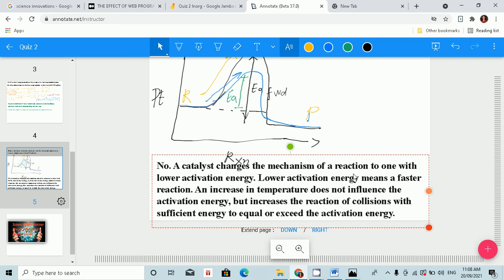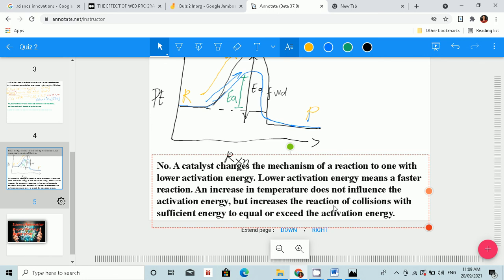And also, an increase in temperature does not influence the activation energy. Okay, so it does not mean that if you increase the temperature, it lowers the activation energy. Only the catalyst can influence the activation energy. An increase in temperature does not influence activation energy, but only increases the fraction of collisions. Okay?